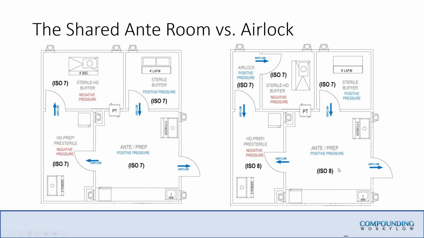And so maybe my environmental sampling isn't quite as intensive, and I'm not as concerned about keeping this as an ISO 7. And I'm doing the HD prep. Again, I may be weighing testosterone or any other dry API before going to final filtering or terminal sterilization, whatever you're doing, by just breaking up two ISO spaces with that airlock. I hope that made sense.